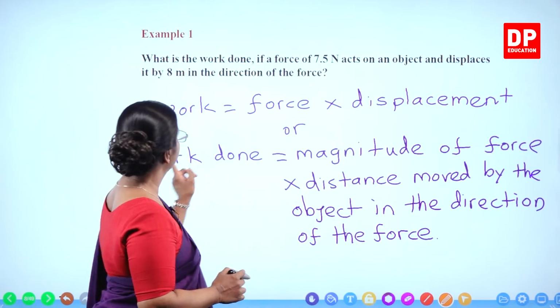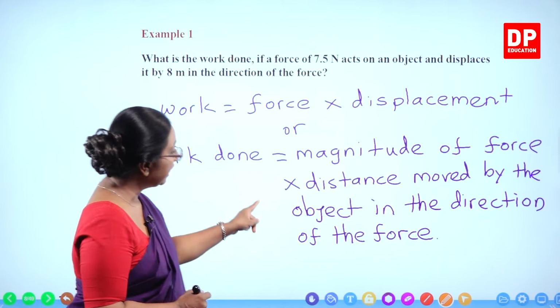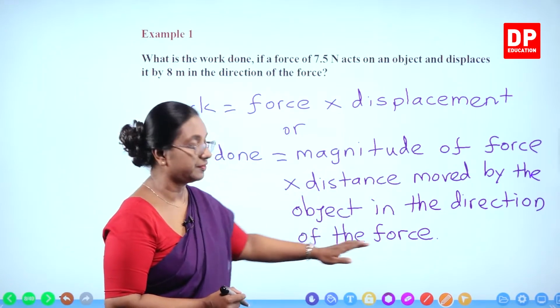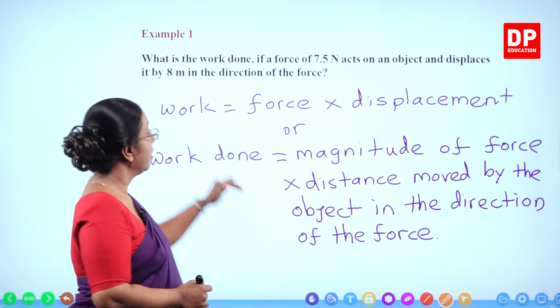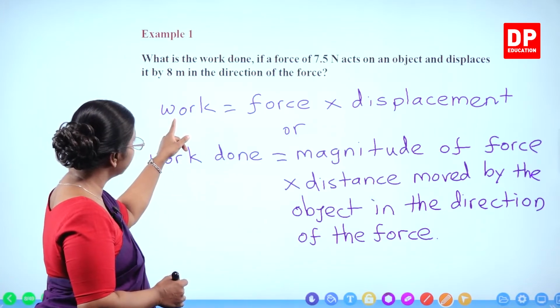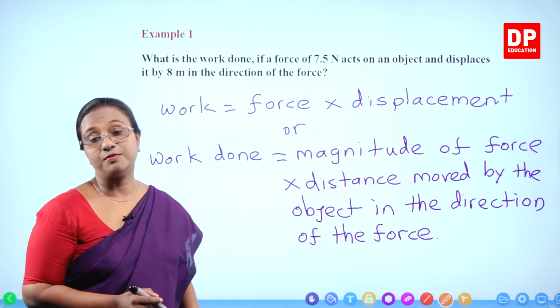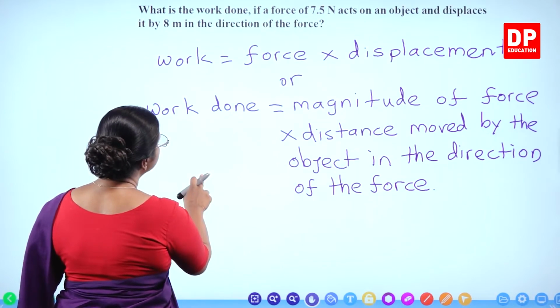Work done is equal to magnitude of force into distance moved by the object in the direction of the force. This is the complete equation. You all can write this, or you can just use this short form where you calculate the work that is equal to force into displacement of the object. So either way, you have to substitute the values.